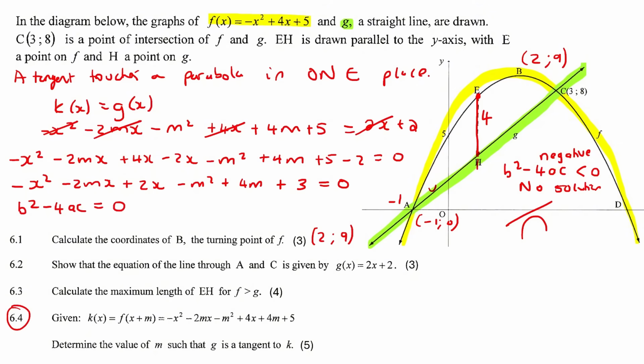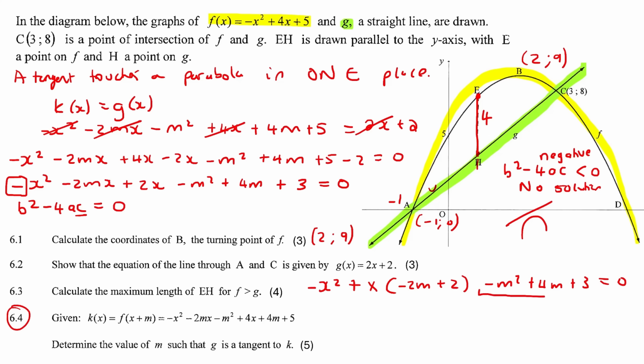Now remember that a is whatever's in front of the x squared, b is whatever is in front of the x, and c is all the other stuff. So we need to fix this up a little bit. We're going to have minus x squared, plus x, and then you take out the minus 2m and the plus 2, so minus 2m plus 2, and then the minus m squared plus 4m plus 3 is just the leftovers.